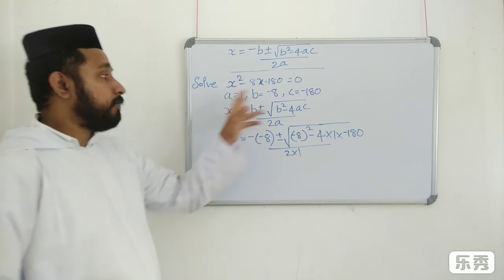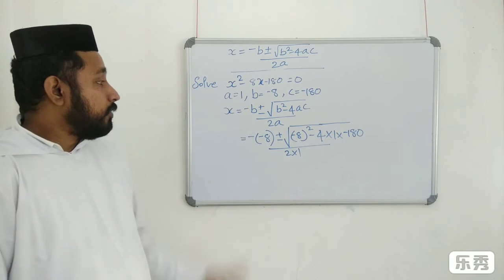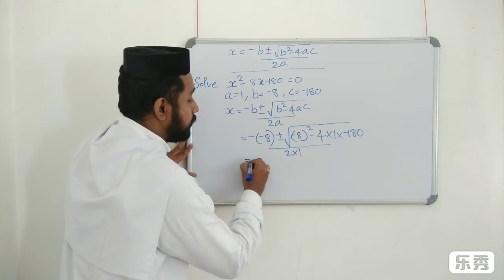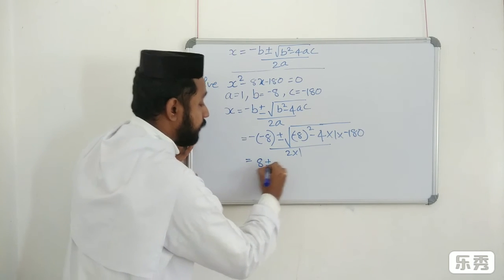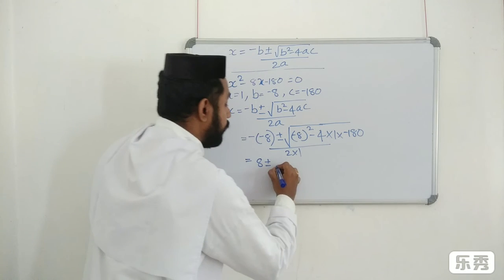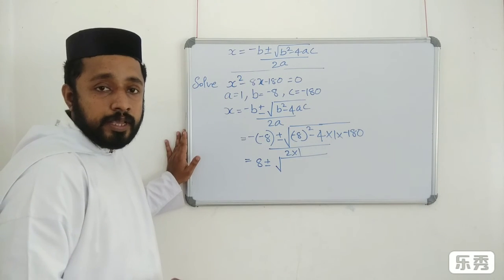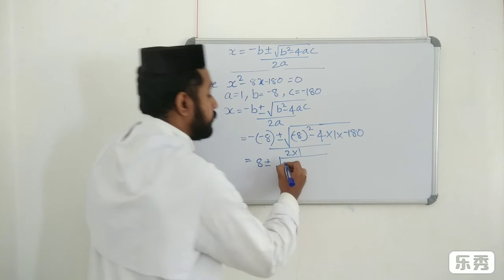When we substitute these values in the equation, we got this step. So we have to find out x. Minus of minus 8, minus into minus is plus, that is plus 8, plus or minus root of minus 8 square. Minus square will become positive, and 8 square is 64.